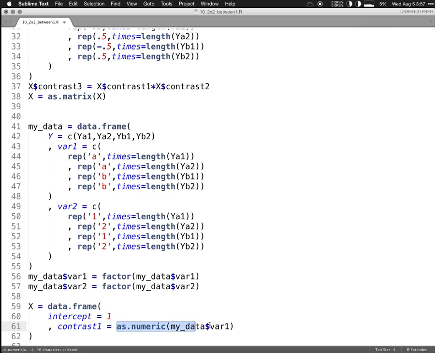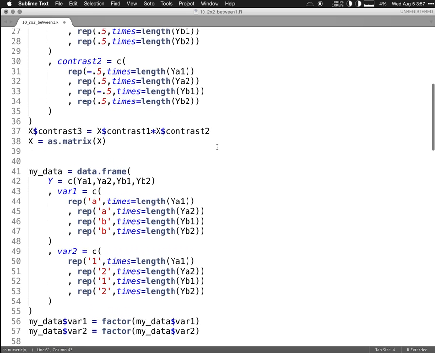Well, a factor is actually stored as a series of numbers that have associated labels. By default, it orders them alphabetically. So level A is going to have the number 1 associated with it, and level B is going to have the number 2. So if I just ask for the number part of that combination, it's going to give me 1s and 2s.